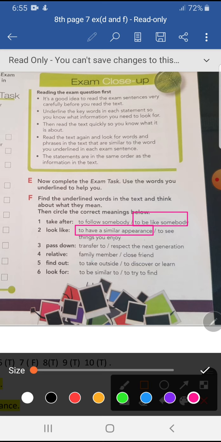Pass down, transfer to the next generation. Relative, family member. Find out, to discover or to learn. Look for, to try to find.